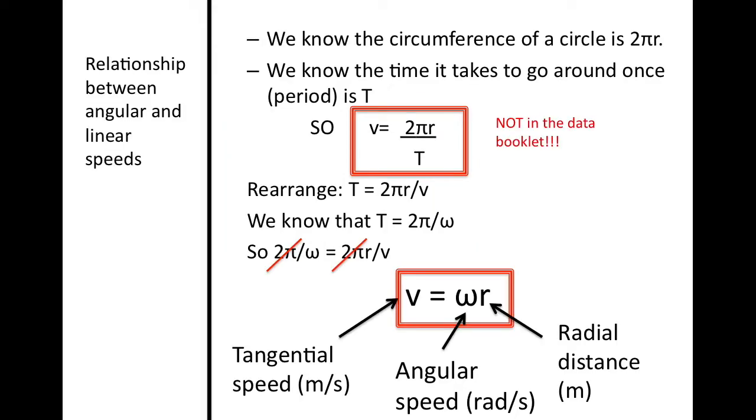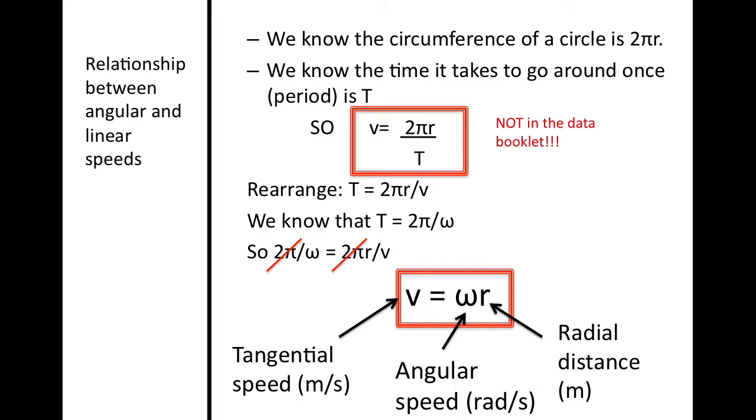There is a relationship between angular and linear speeds. We know that 2 pi r is the circumference of a circle. We know the time that it takes to go around once is its period. So we can say that speed equals the amount of displacement, which is the circumference, 2 pi r, over the amount of time it would take to go around that much.